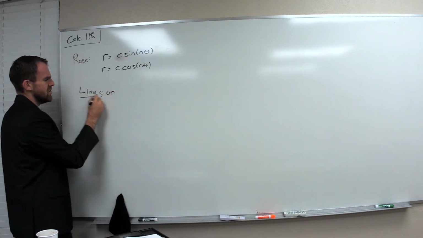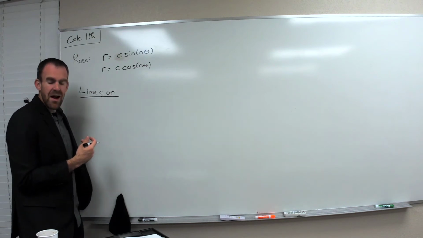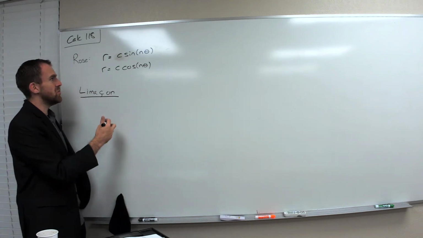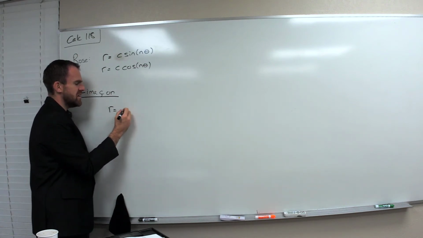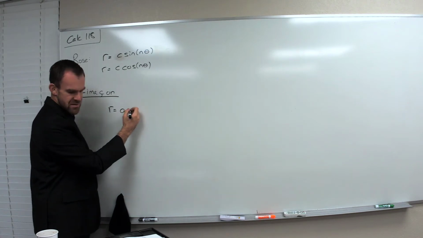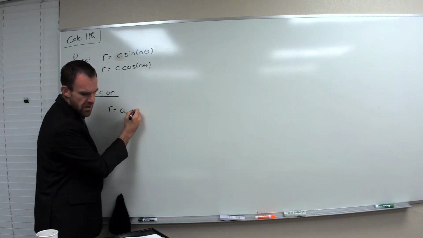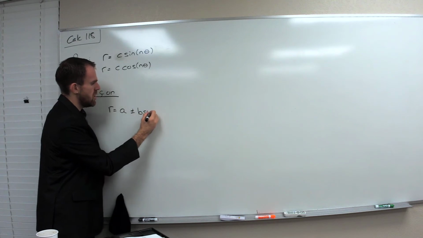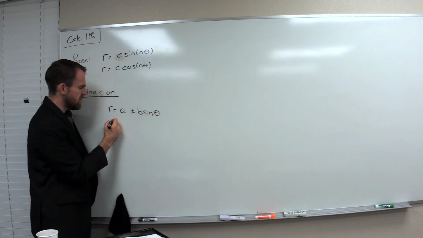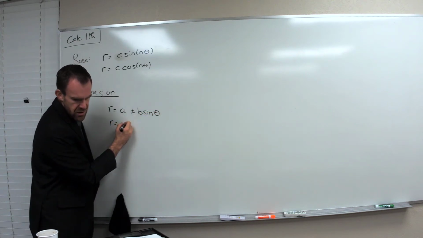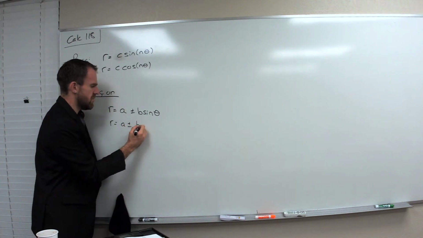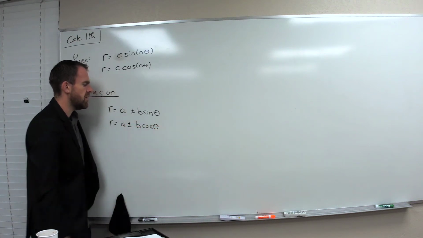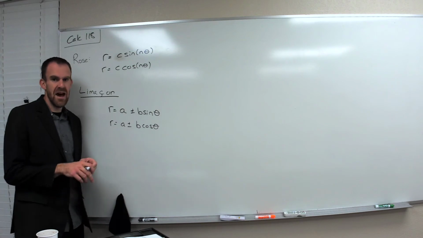basically has an additional piece, and that is that they either add some constant to our rose curve, a plus or minus b cosine theta. So now there is a constant added.